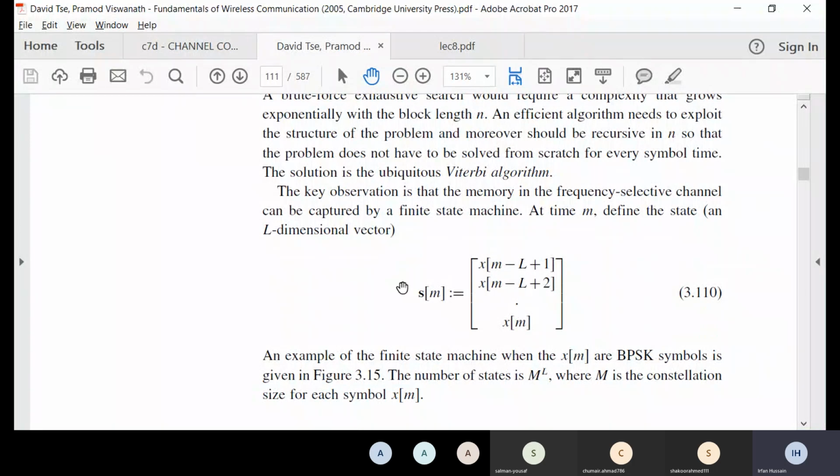So there will be only two entries in your state. The number of states is M to the power L, where M is the constellation size. As BPSK has 2 symbols, 2 to the power 2, there will be 4 total number of states.